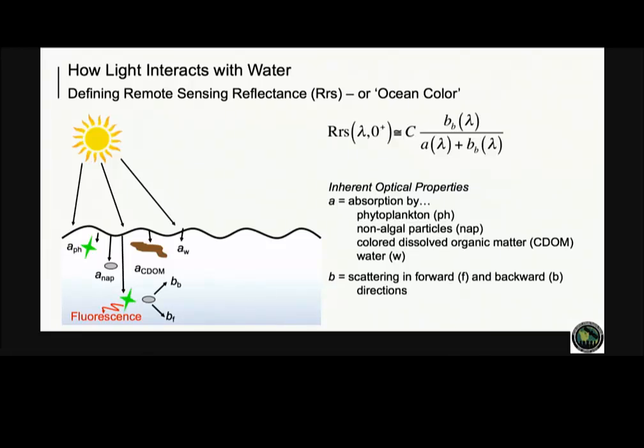And the actual amount of absorption and backscatter that occurs in that optical water column is dependent on the parameters that are in there. So for example, the amount of sediments in that water column might change those properties, as might dissolved organic matter, algal particles, and so forth.